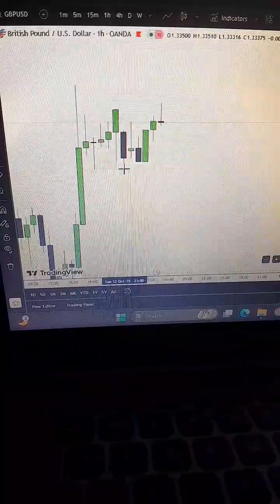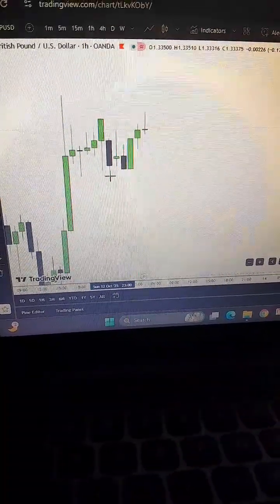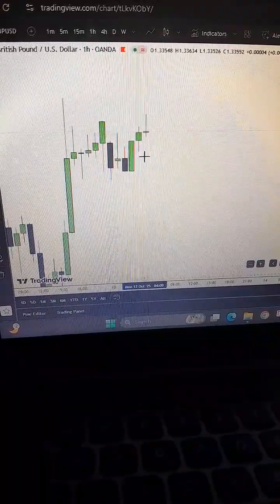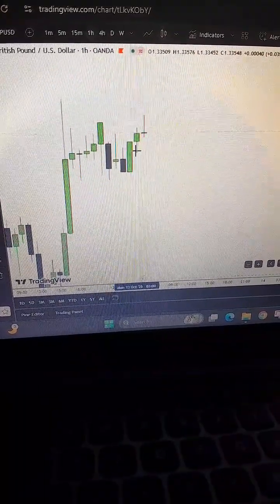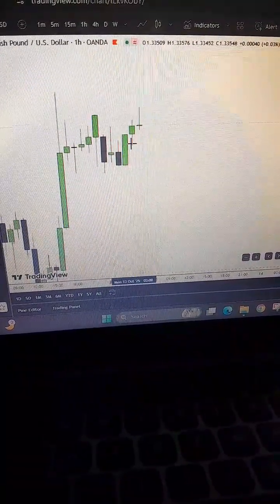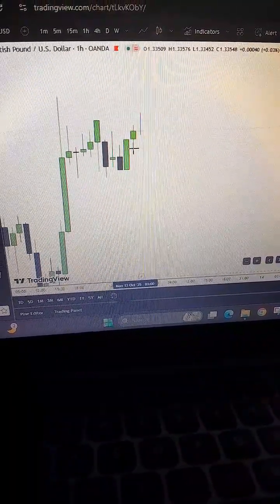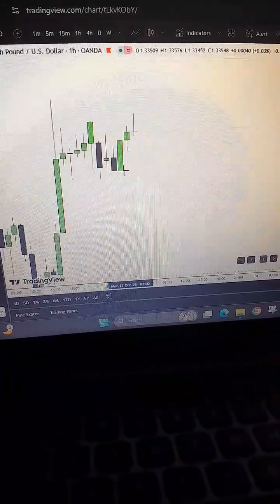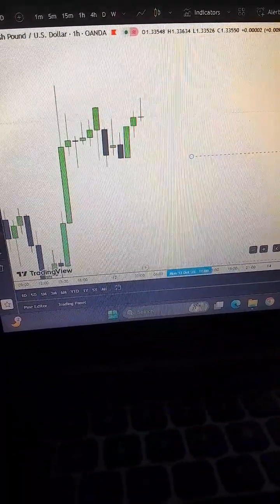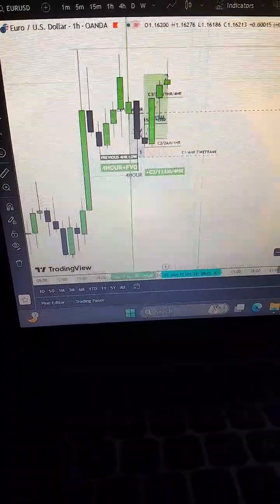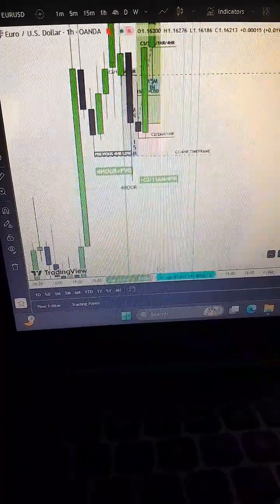Is it this? What am I looking at right now? No, it's not that. Okay, yeah, no, so I am looking at the right thing, so I don't need to go on GU. It was visible on Euro USD. Okay, so sorry about that.